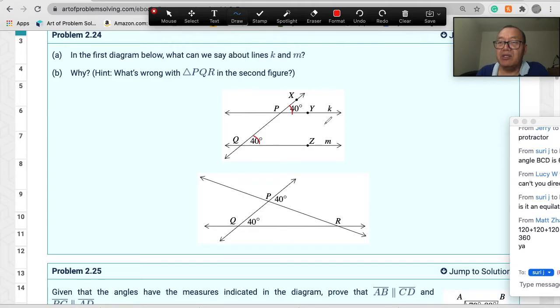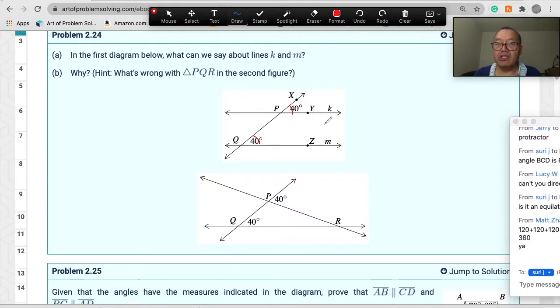So that means parallel is equivalent to the corresponding angles being congruent. These two conditions are exactly equivalent. From one, you can get the other.